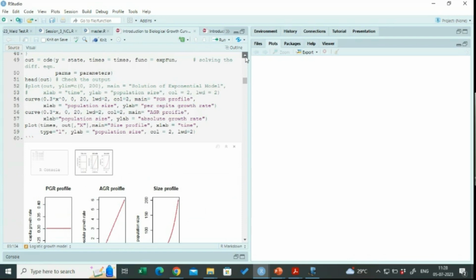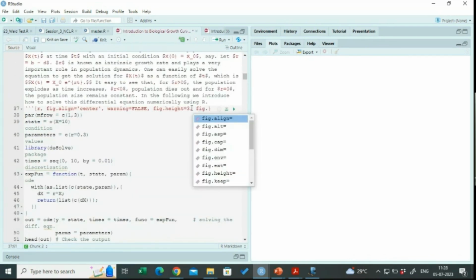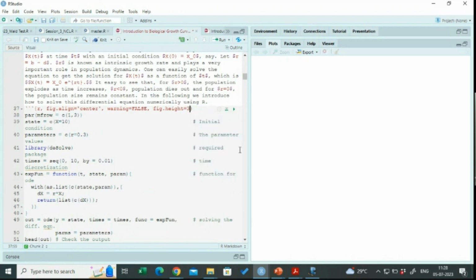There are any number of options available: figure height, align, figure dimension, whether you keep the figure, you can include extra figures, fig width you can control. There are a lot of options. If you don't want to run that piece of code, that is also absolutely fine. So it is an extremely powerful tool.